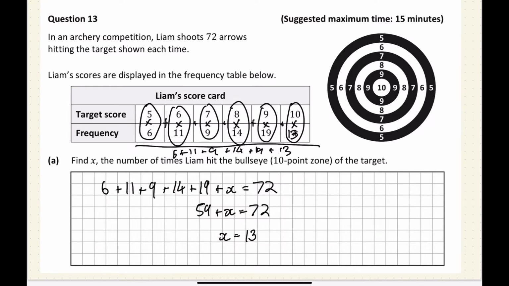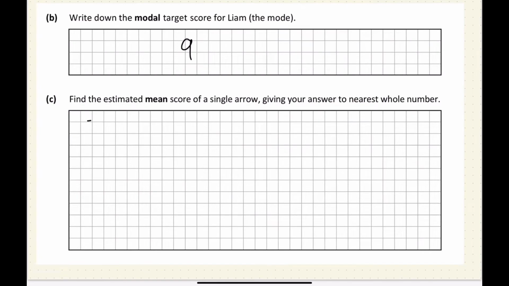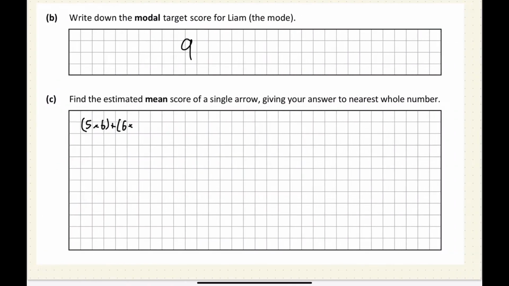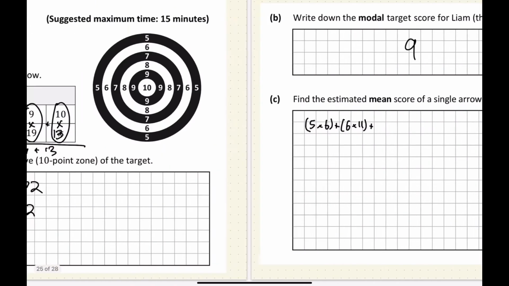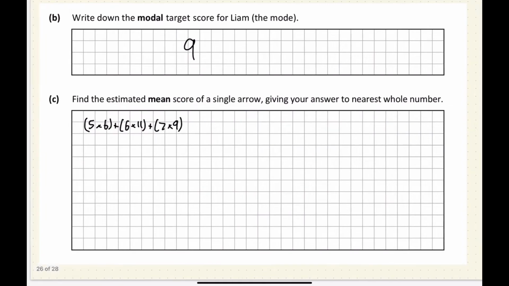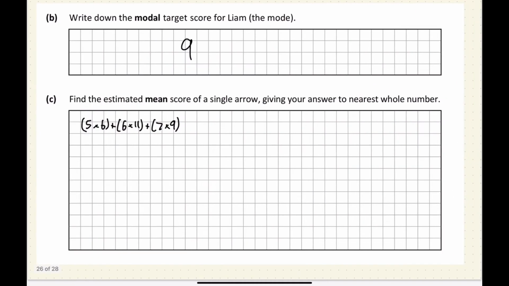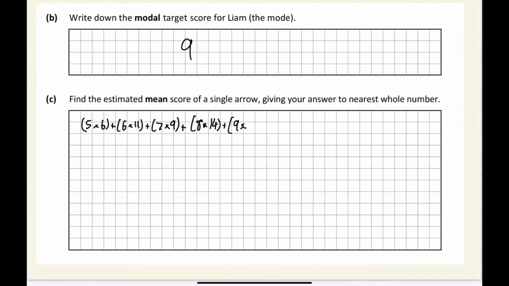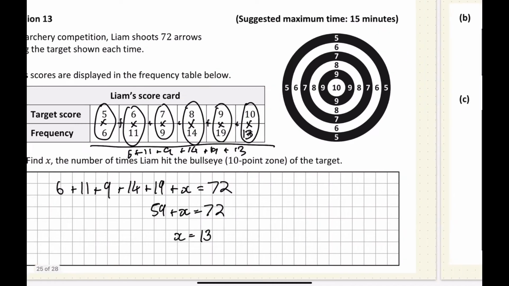All right, so 5 multiplied by 6 added to 6 multiplied by 11 added to 7 multiplied by 9 added to 8 multiplied by 14 added to 9 multiplied by 19, added to 10 multiplied by 13.